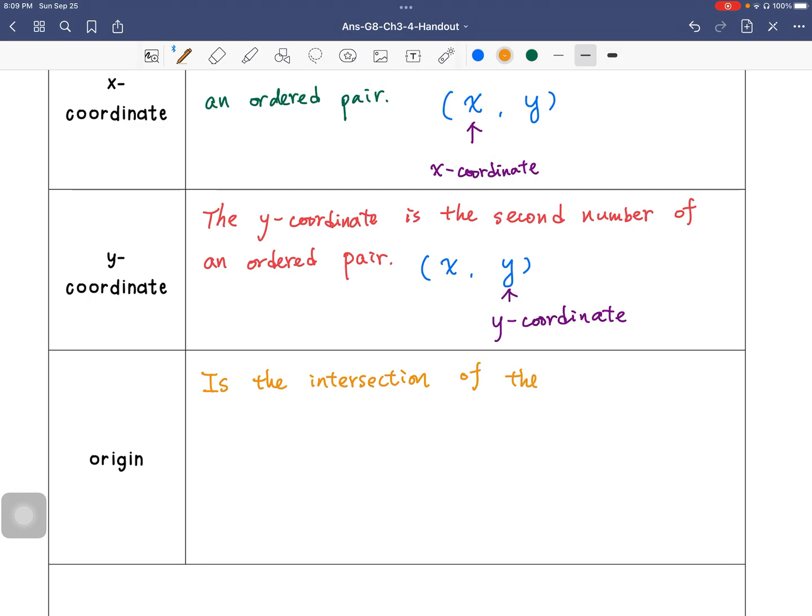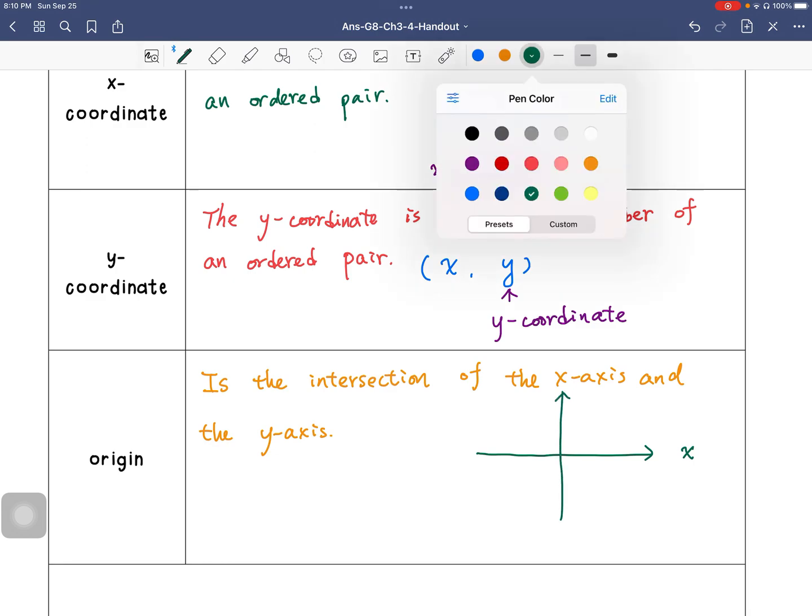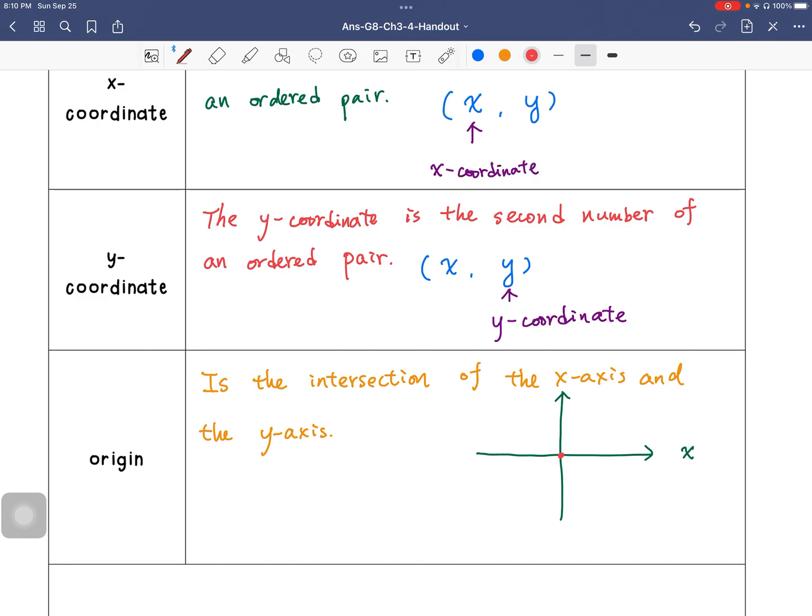The origin is the intersection of the x-axis and y-axis. X-axis, y-axis, and this is the origin.